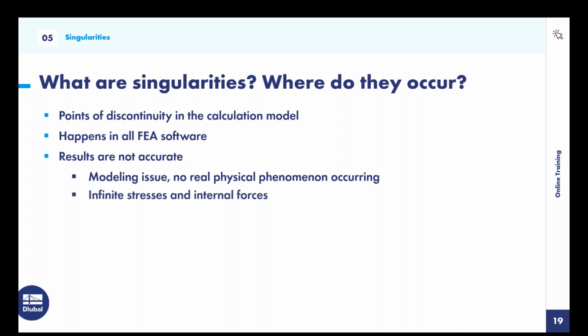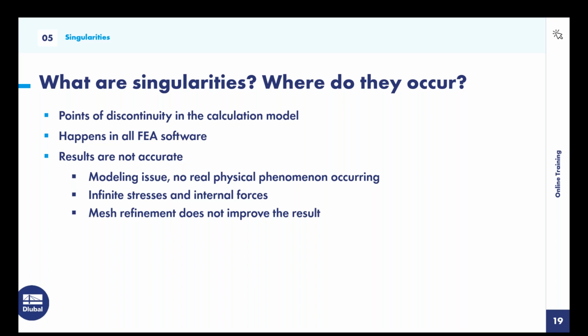Singularities can show themselves as infinite stresses or internal forces. And so with singularities, things like mesh refinement do not improve the result. Mesh refinement only gives you a better idea of where singularities can occur.